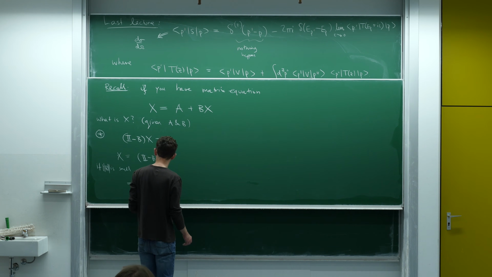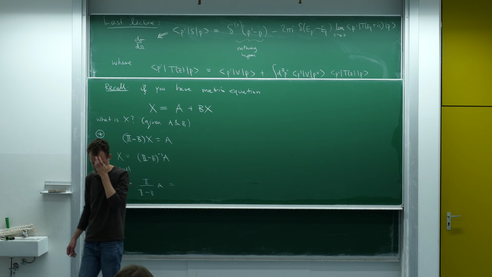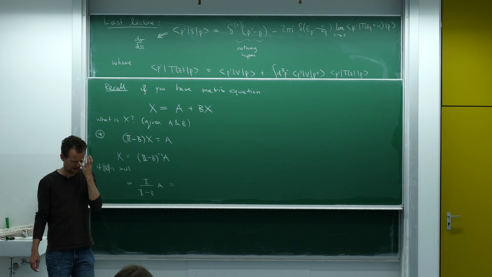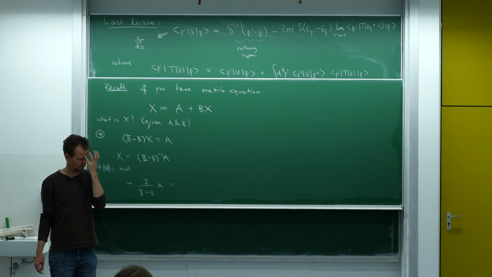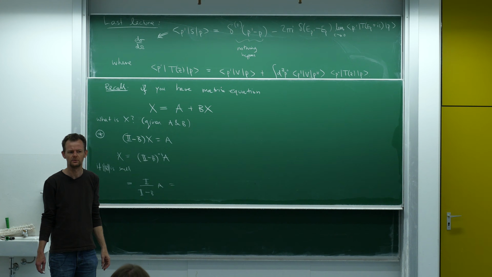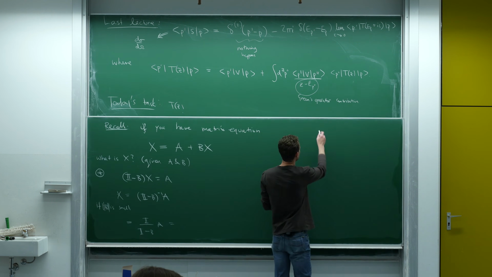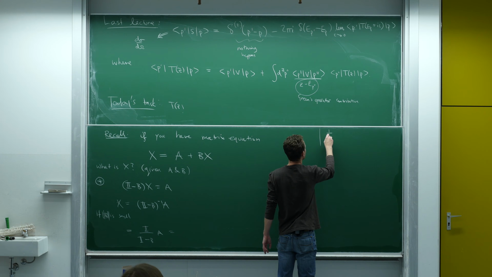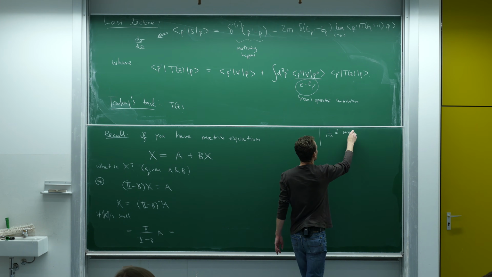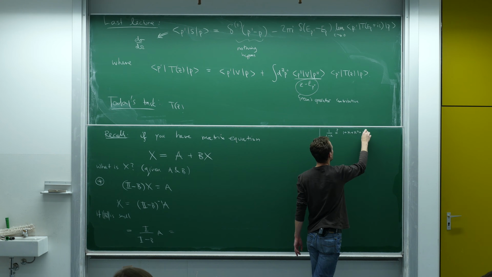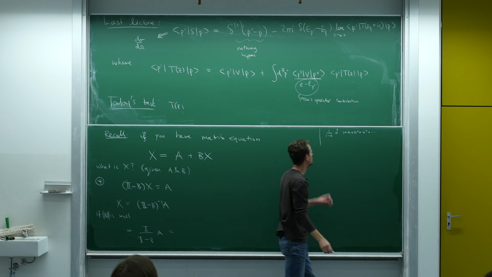If I recall correctly, the expansion for 1 on 1 minus x is something like 1 plus x plus x squared plus x cubed plus so on. Or is there a plus or minus? I can never remember this. Wait on. I'm going to do a quick calculation up here. Let's see, is that correct?